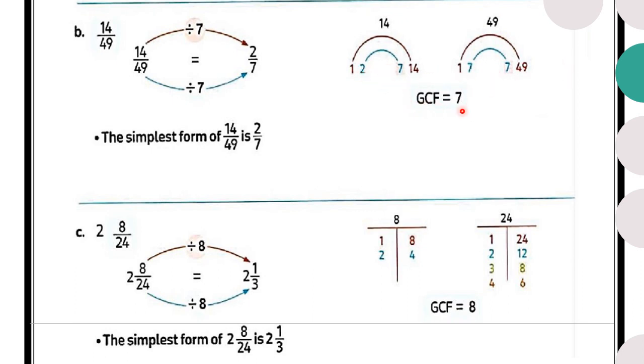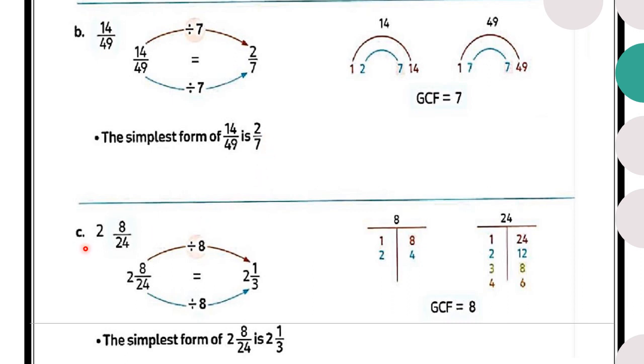So we will divide both numerator and denominator by 7. So 14 divided by 7 will be 2. 49 divided by 7 will be 7. So 14 over 49 equals 2 over 7. The simplest form of 14 over 49 is 2 over 7.